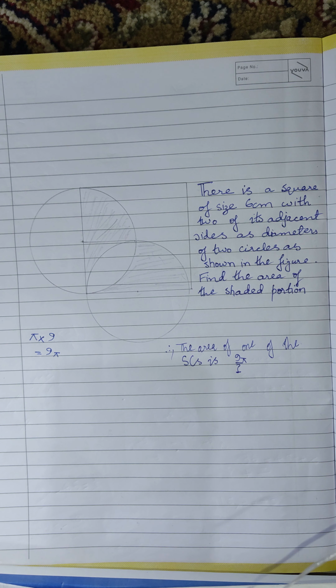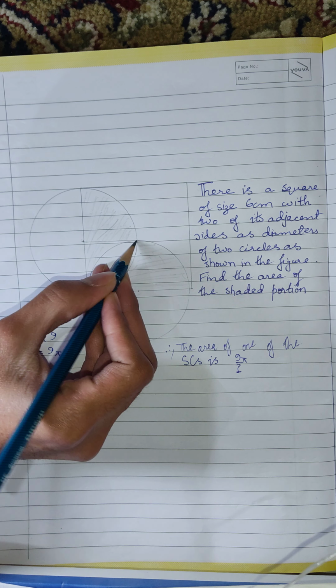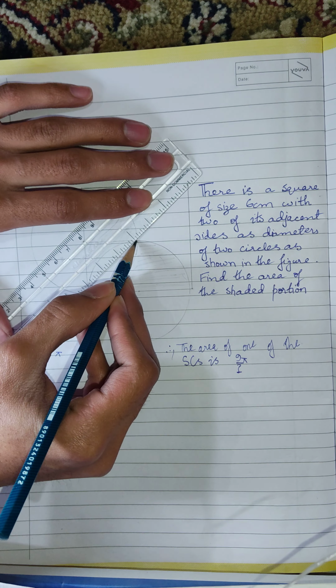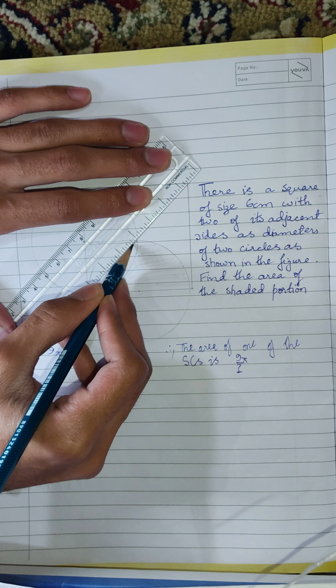And then we'll join this point and this point. These 2 points will join. So we joined these 2 points, right?